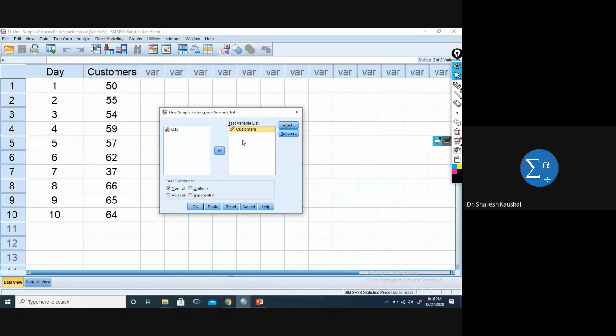So what is the value? Here the value is greater than 0.05.